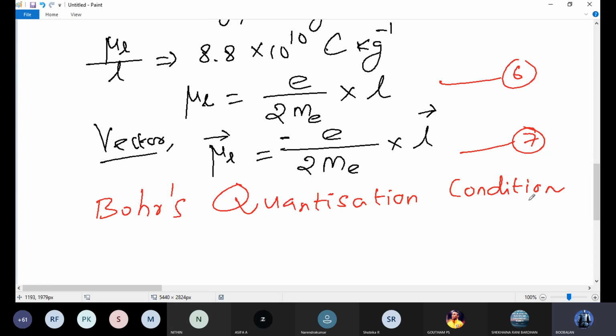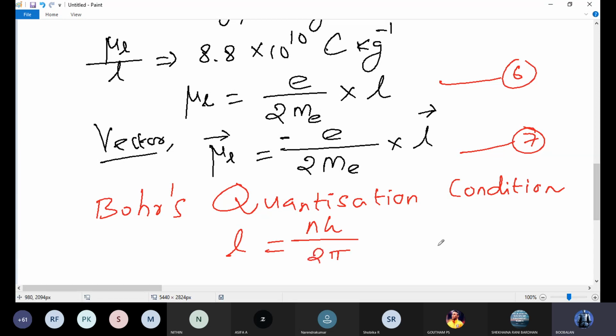The Bohr quantization condition is very simple: L is equal to n h divided by 2 pi.